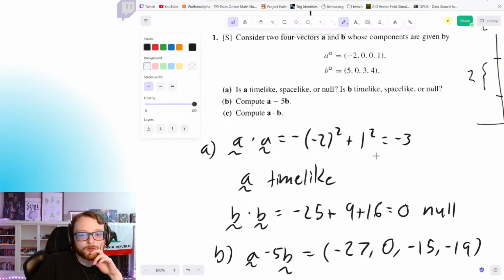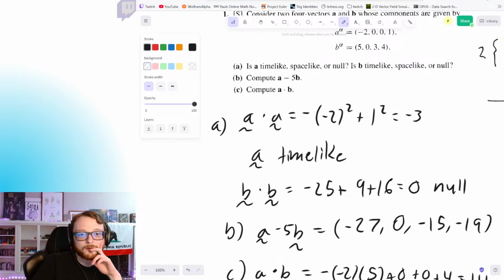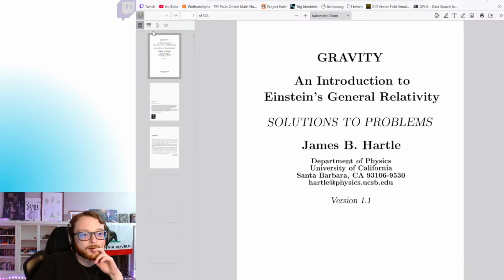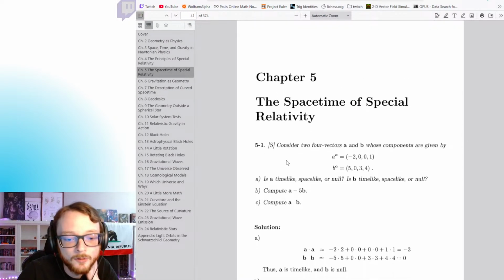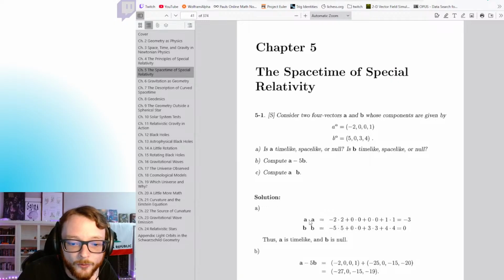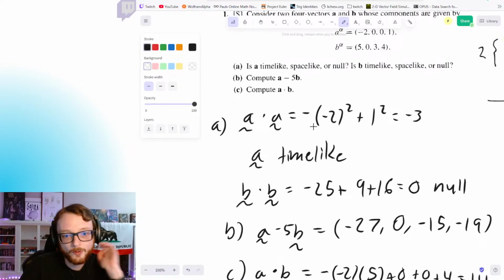Maybe let's check the answer on this then. So they do calculate the magnitudes. A is time-like, B is null. So what is space-like? Oh, space-like should have positive magnitude. Okay, that feels like it makes sense.